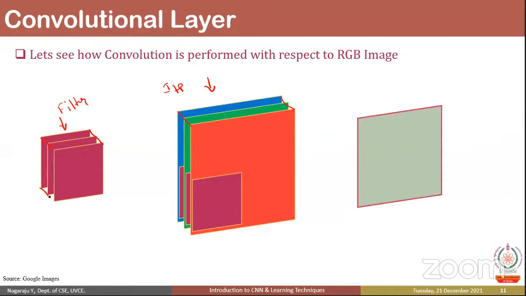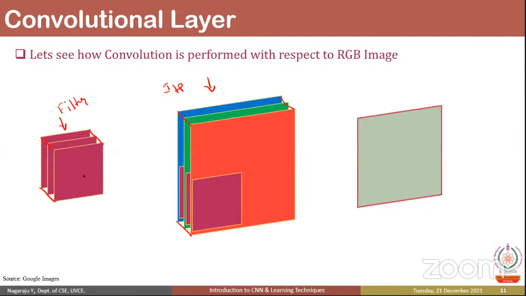The size of the filter is different, but the depth of the filter is equal to the depth of the input matrix or input feature maps. So if you have an RGB image, the filter we apply is in the form of a volume.